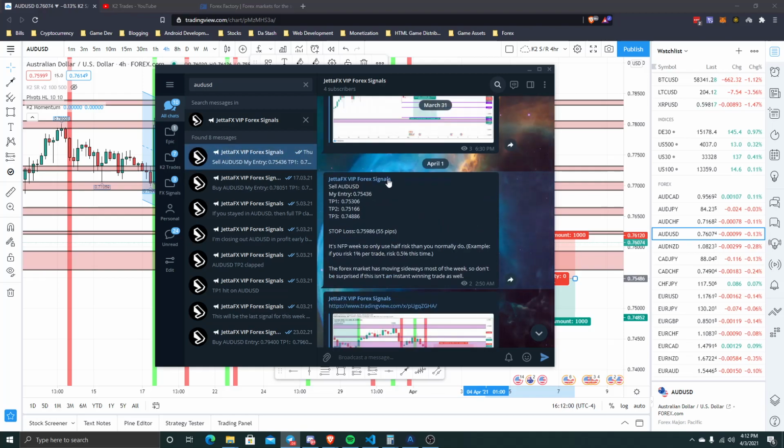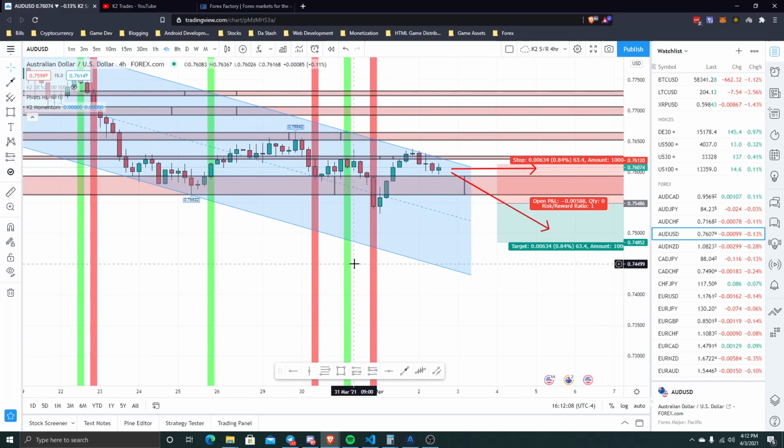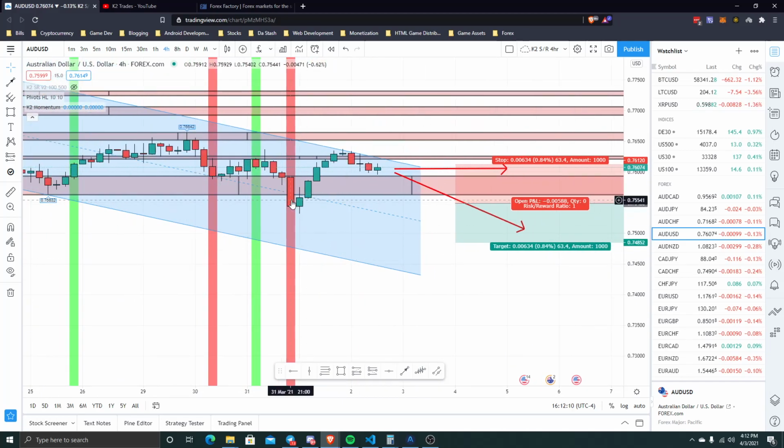Yeah, so I sent out a signal to the VIP group because I saw this candle right here. I forgot to look at the news. I forgot to pay attention to what kind of news was going to show up.